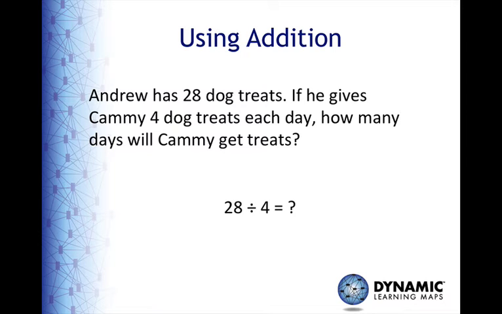Here's another example of how students can use what they know and apply it to division. Consider the following problem. Andrew has 28 dog treats. If he gives Cammie 4 dog treats each day, how many days will Cammie get treats? The division problem is 28 divided by 4 equals what? Students can use what they know about addition to solve this problem.